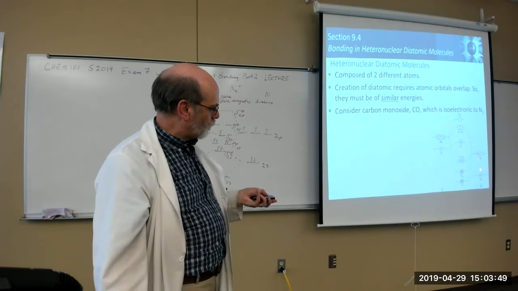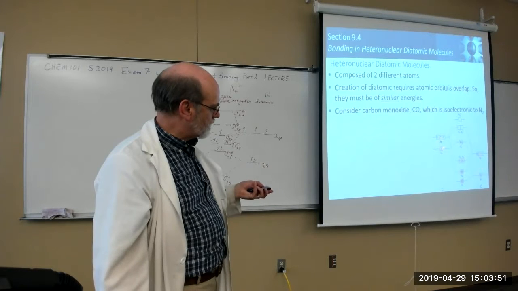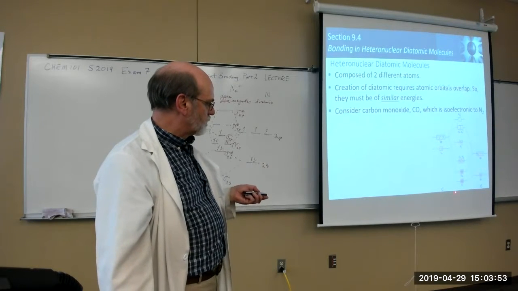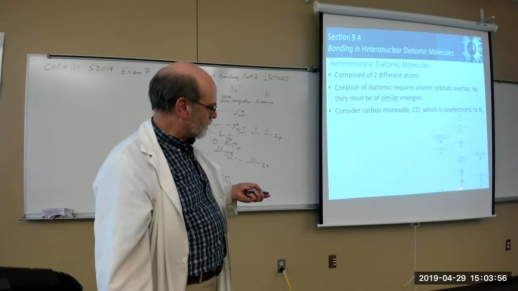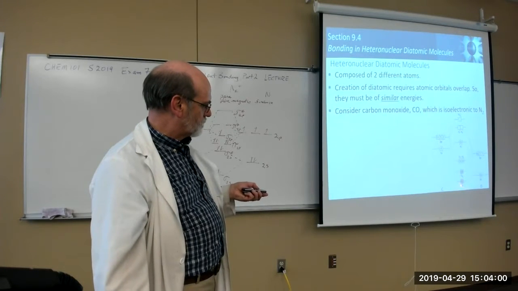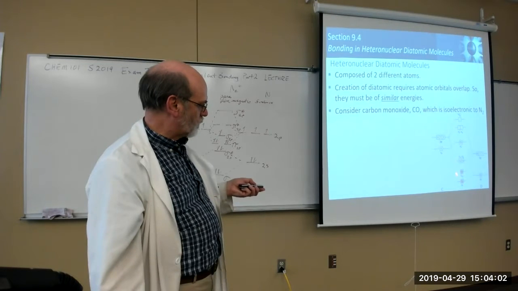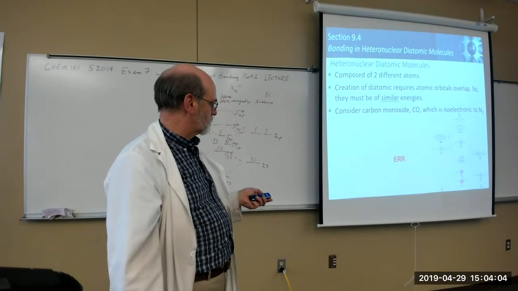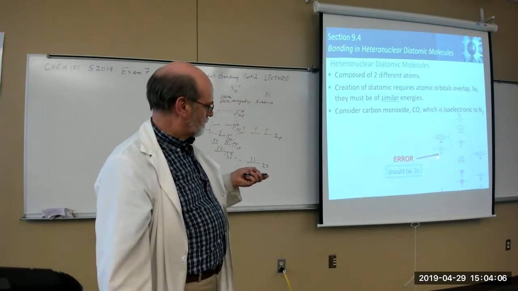So we start off with s and p here, s and p there, and then what do we get? We get a sigma. I know it's hard to see. We get a sigma from the s orbitals, and that should be 2s.